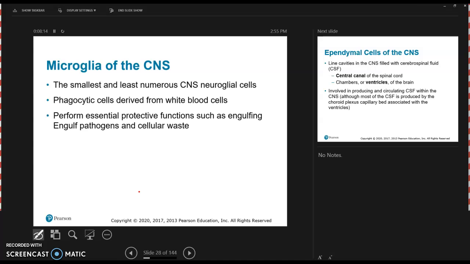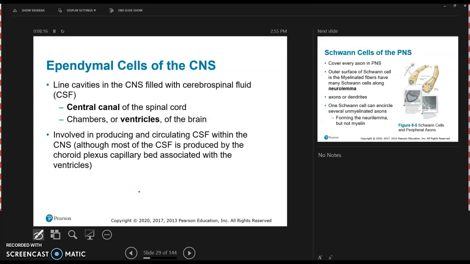Microglia are phagocytes, so they play a role in immunity and defense. And ependymal cells are the cells that produce and circulate CSF, which stands for cerebrospinal fluid.